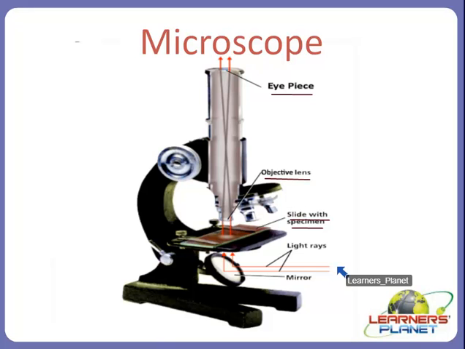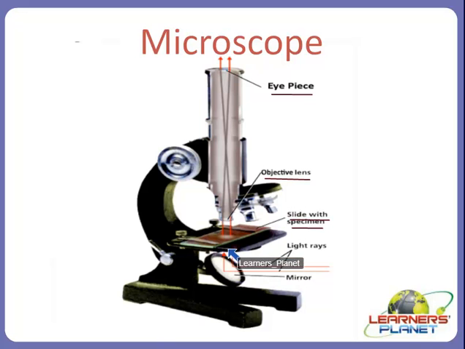That means the amount of light which is reflected towards the slide should be in control. It should not be very dim. It should not be very bright. It has to be according to the tolerance of these organisms or the magnification.